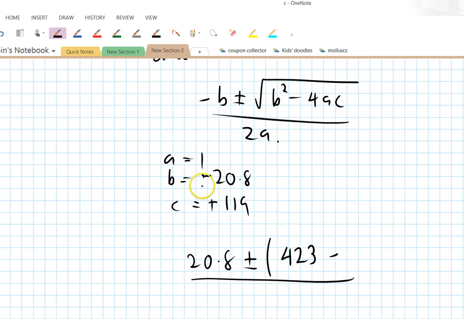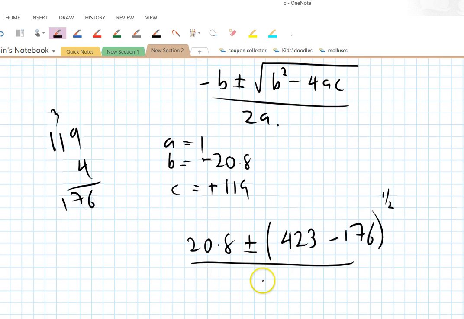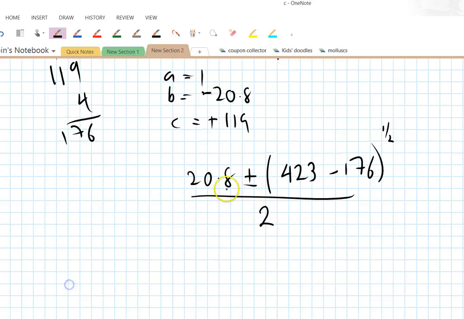Minus 4ac. Well, there's 119 times a is 1, so 4 times 119. 9 fours are 36, 7, 476. And that's square rooted, so it's to the power of a half, over 2, because it's really over 2a, but of course a is equal to 1. Okay, well, what's that?